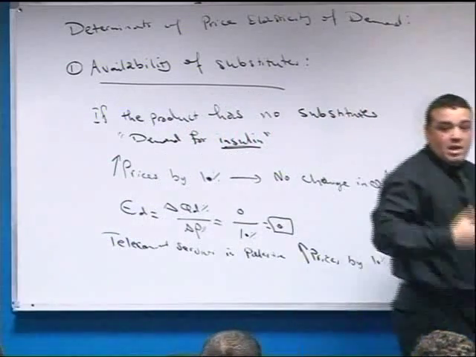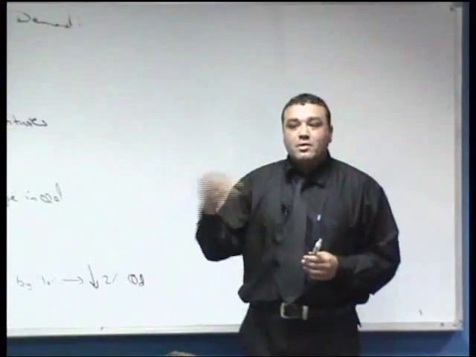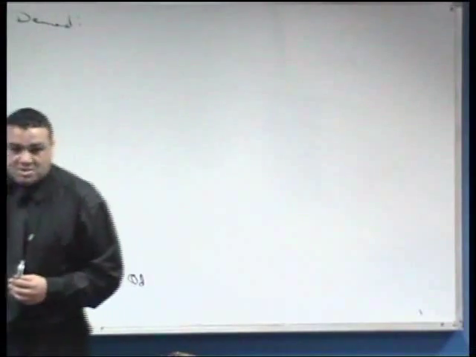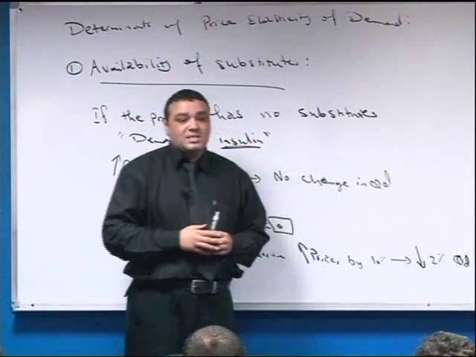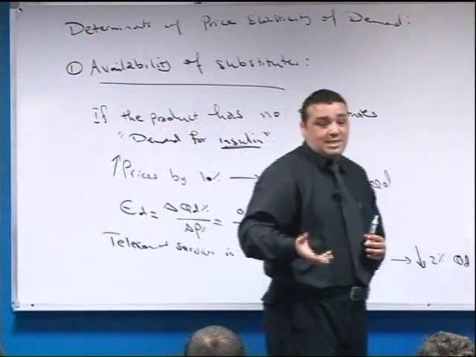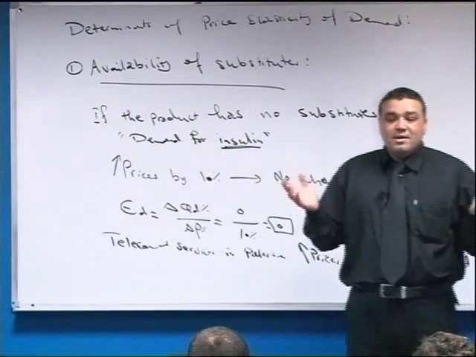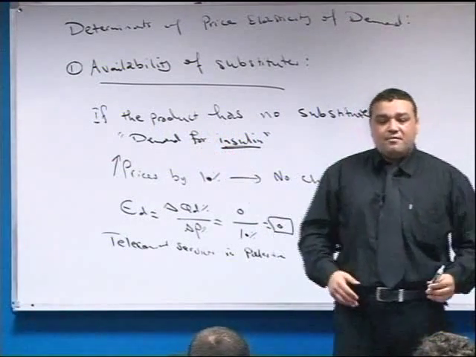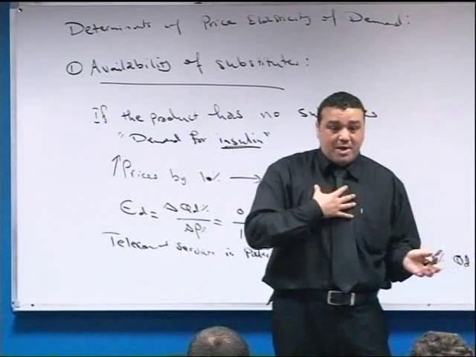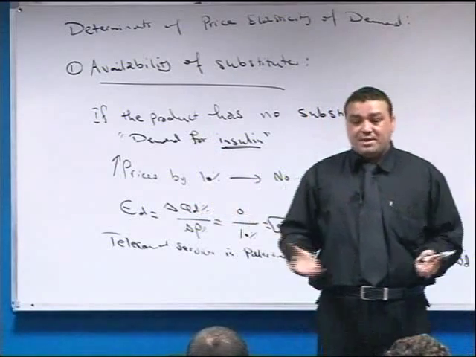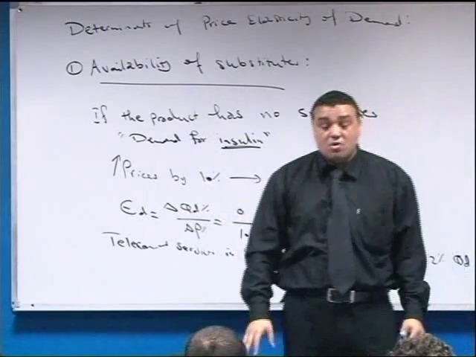So if we have more and more substitute goods, the demand would be more elastic, because if I have 100 substitute goods for my product, it's easier to give up the product when the prices go up.